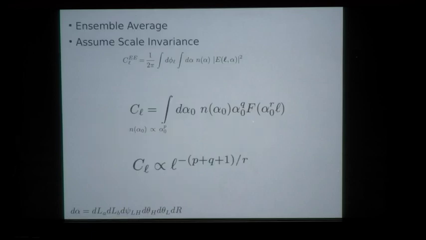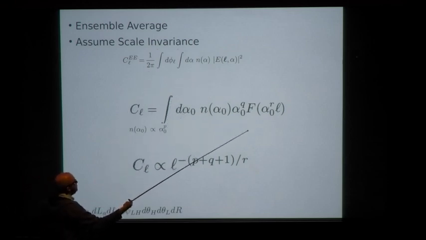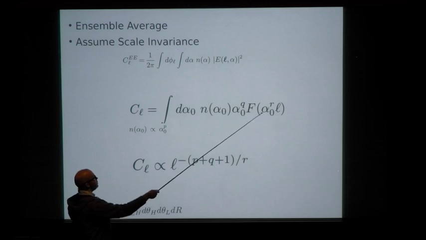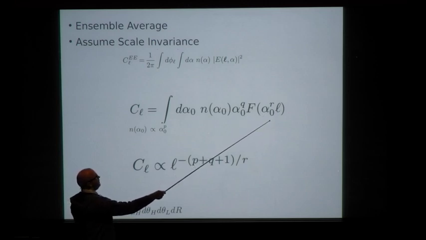So if I want the sky to look scale-free, which I do because that's A, easier, and B, it looks like turbulence, and C, I can then do something with it, then I could take this ensemble average and rewrite this as a scale-free function. So this is F. F is going to be E squared, and we're just going to parameterize this by alpha times the multipole.